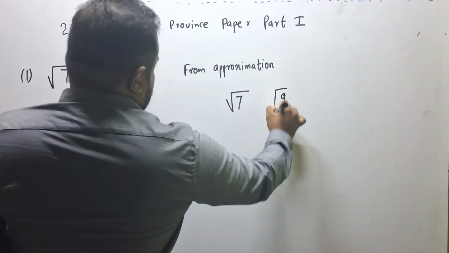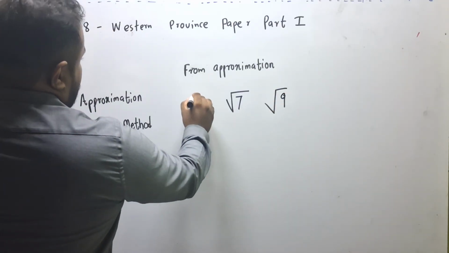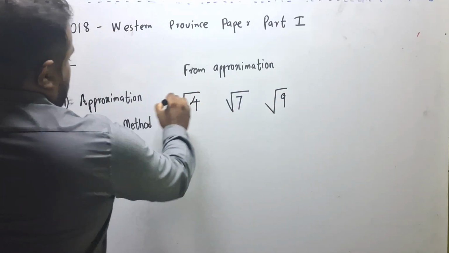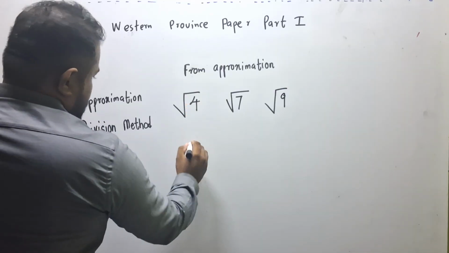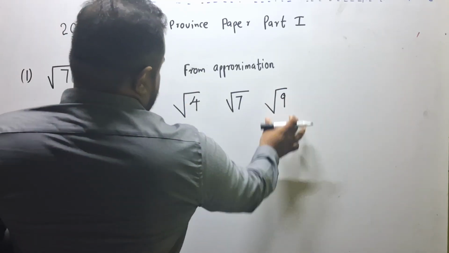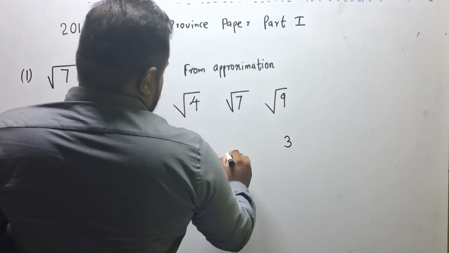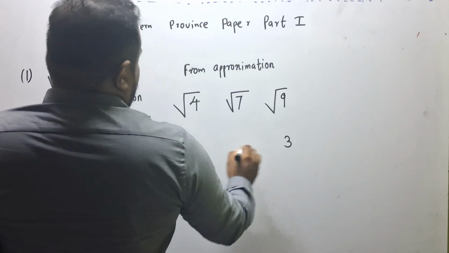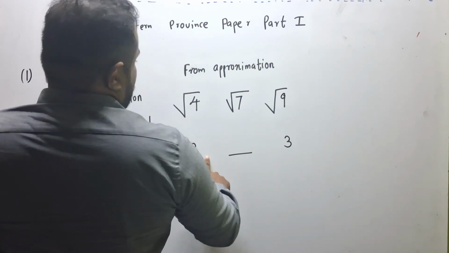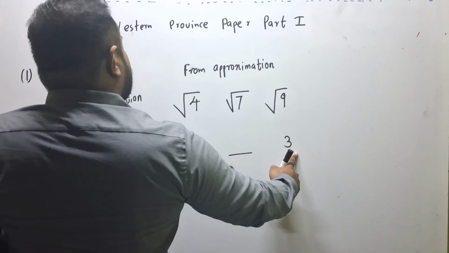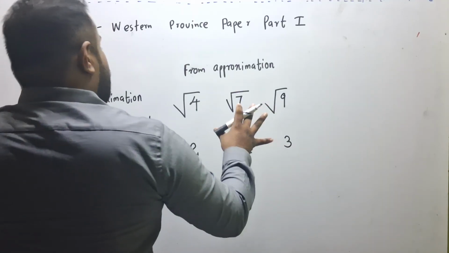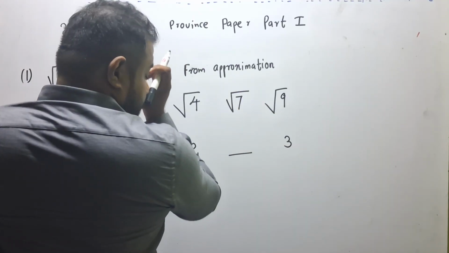One perfect square is square root 9, the other is square root 4. Square root 4's value is 2, square root 9's value is 3, so square root 7 should be a value between 2 and 3.